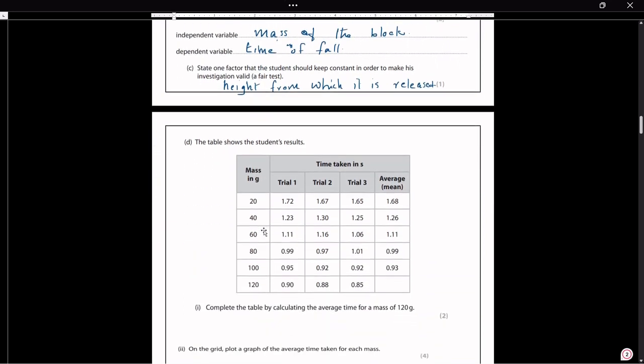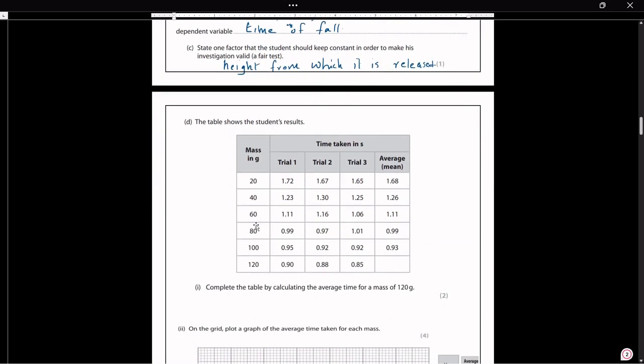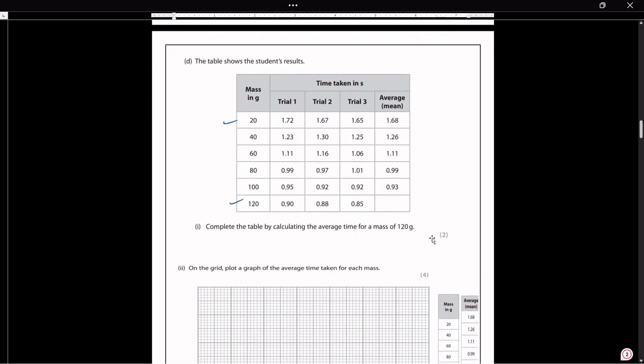Now the next one: there's a table for different masses, 20, 40, and so on up to 120. He measured the time 3 times, trial 1, trial 2, trial 3, then averaged them. Complete the table by calculating the average time for the mass of 120. One box is incomplete, so we are asked to complete it.